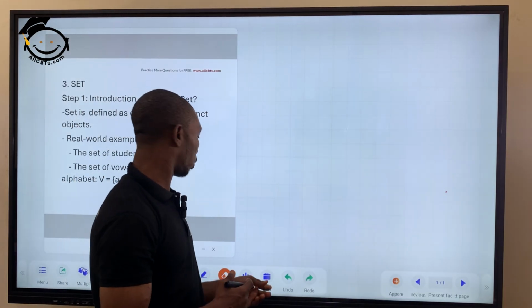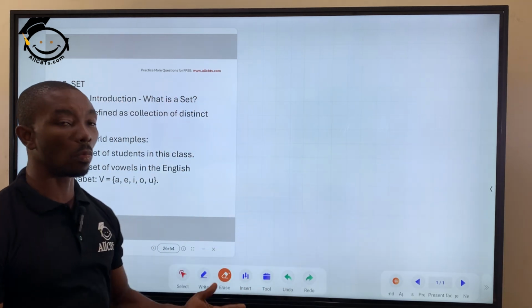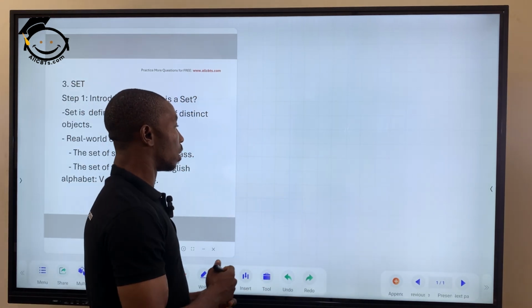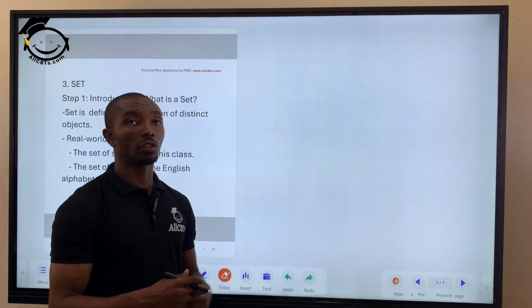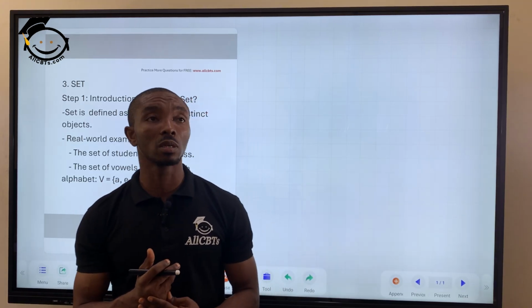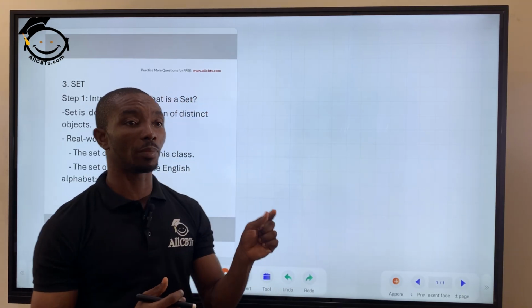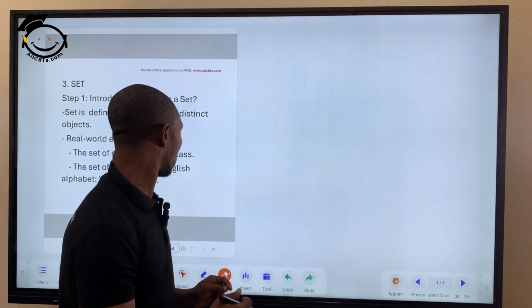All right. Where the universal set is referred to as your mother of all sets. In this case, if you're using the alphabet as a set, the universal set will be the 26 letters of the alphabet. Then the subsets can be the vowels and consonants. All right.